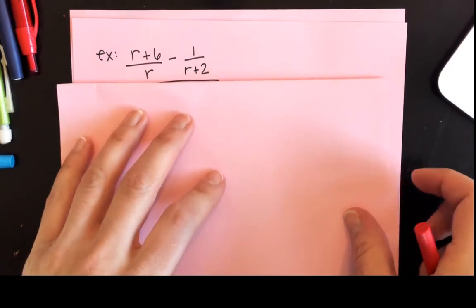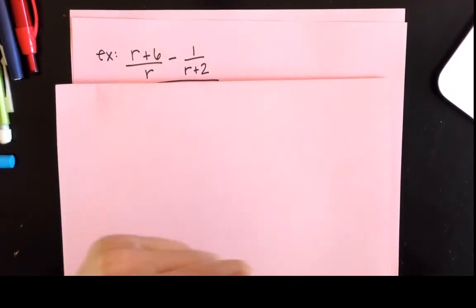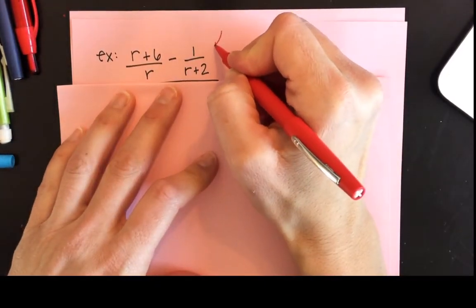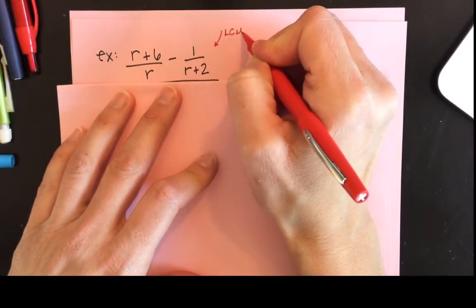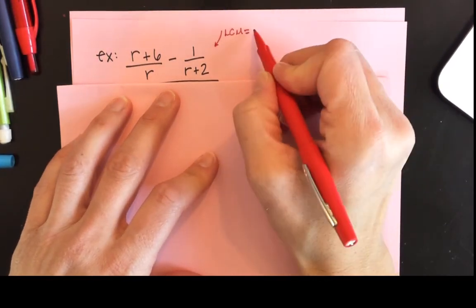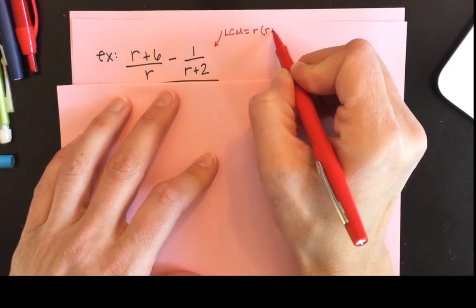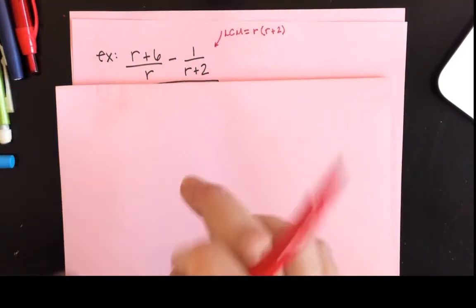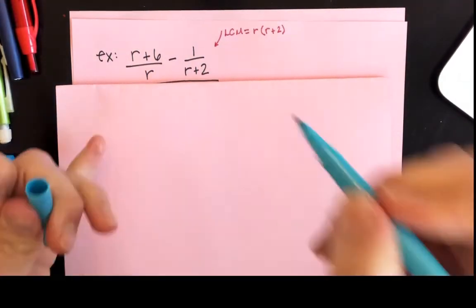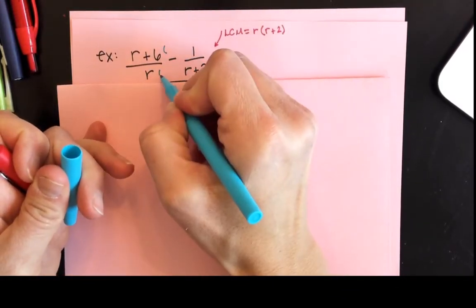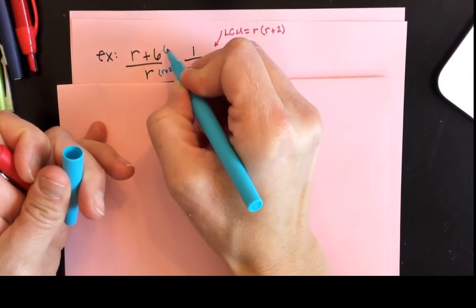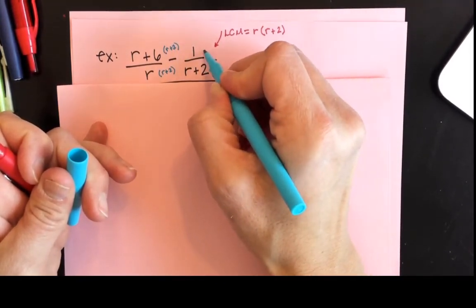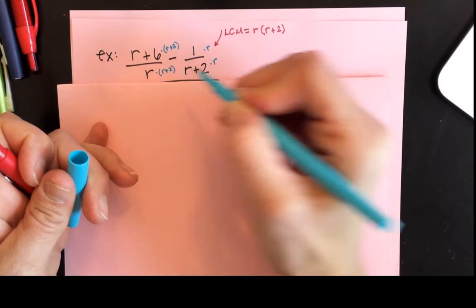So we're going to turn that into this. And I'm going to concentrate that this one's LCM, the common denominator, is going to be r and r plus 2. So that means top and bottom here, I'm going to multiply this top and this bottom by the r plus 2 that I still need. And then on this side, I need to multiply top and bottom by r.